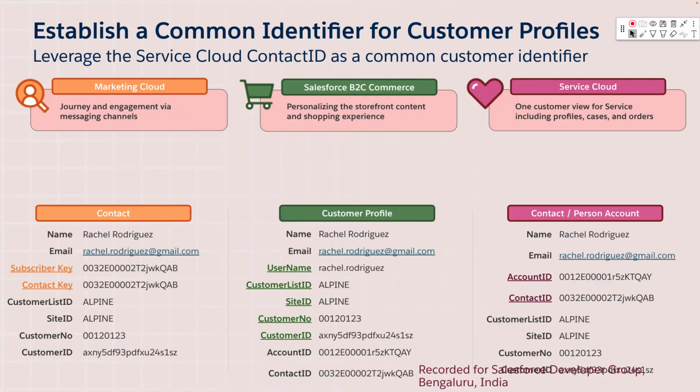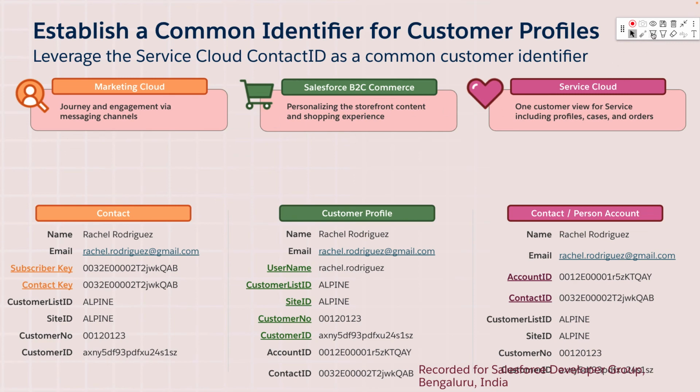And lastly, to conclude the whole data strategy aspect, I've got Marketing Cloud, B2C Commerce, and Service Cloud, and through MC Connect I'm able to get the engagement data and the tracking data as well.